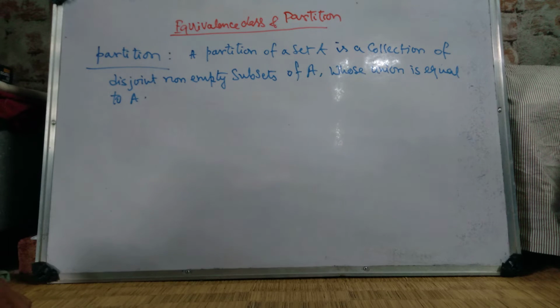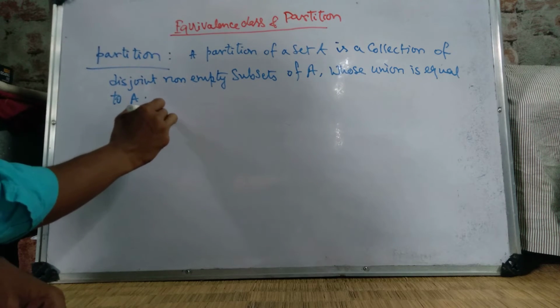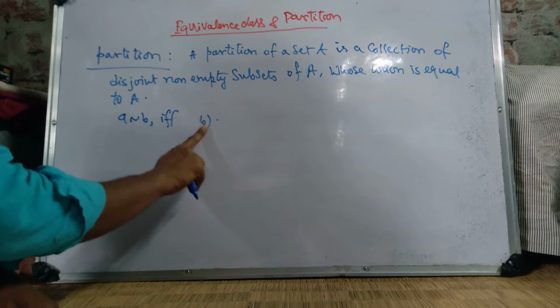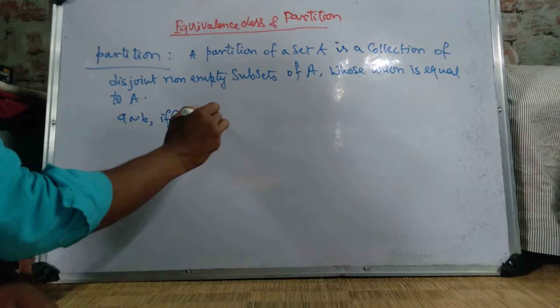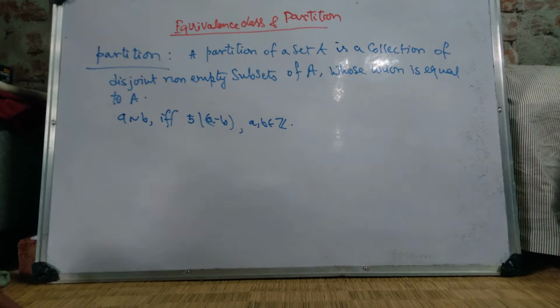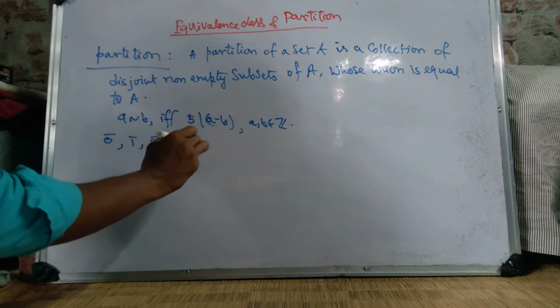Now we start with a trivial example: A is related to B if and only if A minus B is divisible by 5, where A, B belong to Z. Then we have the 0 class, 1 class, 2 class, 3 class, 4 class.